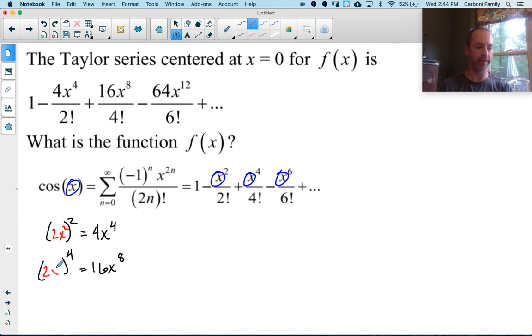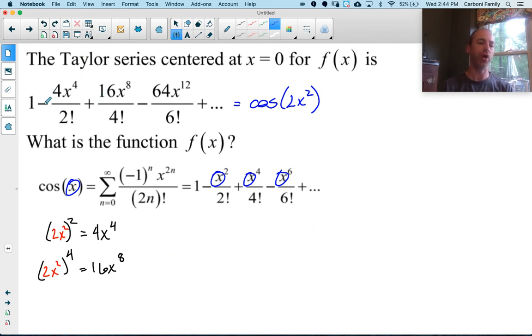Let's verify that. Down here, 2 to the 4th is 16. X squared to the 4th is x to the 8th. And so that checks out. And so this series would have to be the series for cosine, not of cosine x, but cosine of 2x squared.